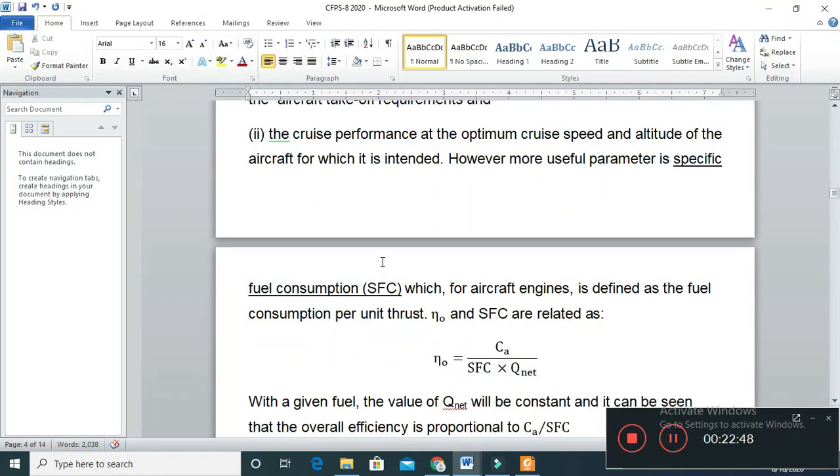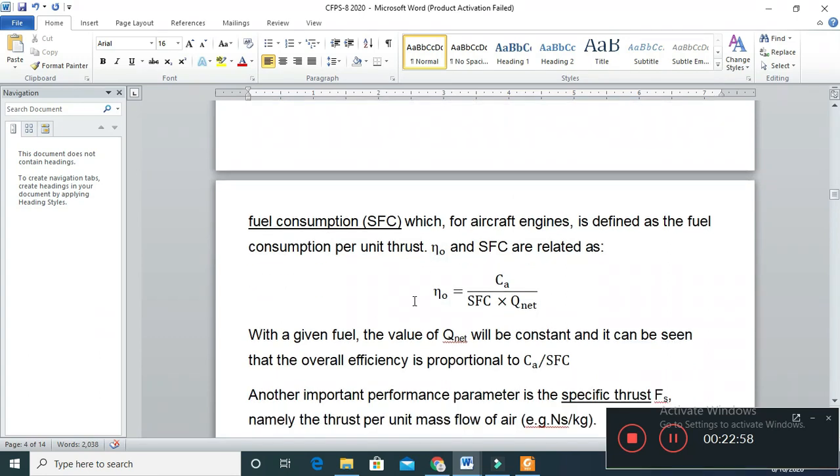Another parameter which is more useful is specific fuel consumption. Specific fuel consumption is fuel consumption per unit thrust. We can relate the overall efficiency and specific fuel consumption using this formula.